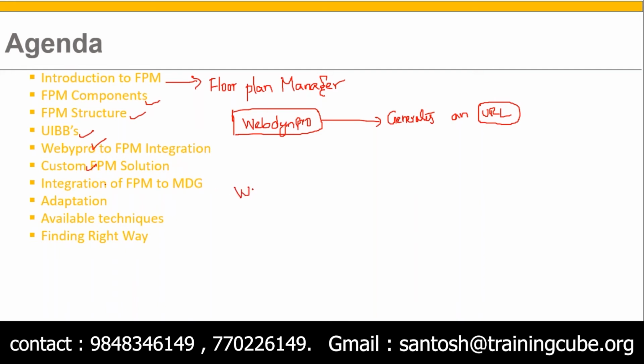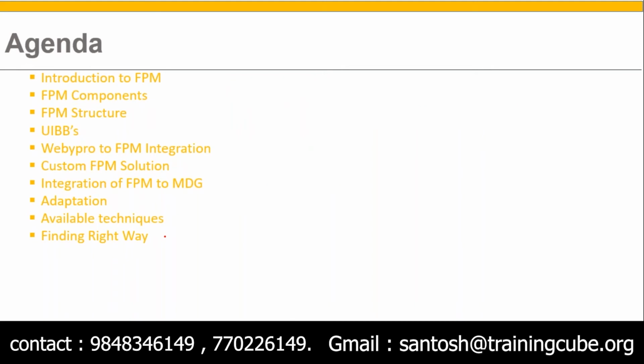So Web Dynpro to FPM and FPM to MDG. This is how these are integrated. Right, and then we will discuss adaptation and available techniques to do UI enhancements and finding a right way of doing enhancement. This is our agenda for today.